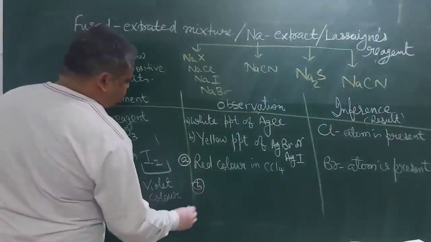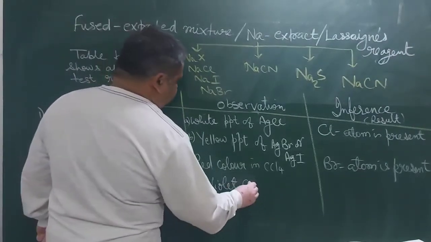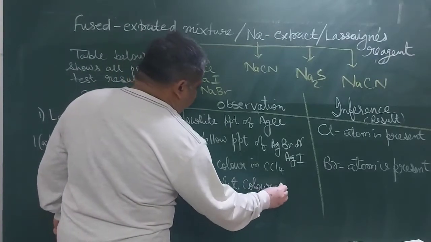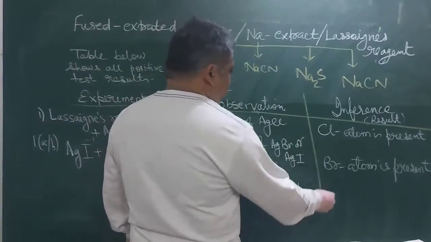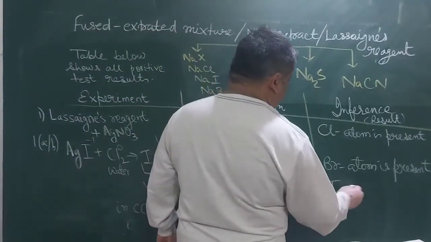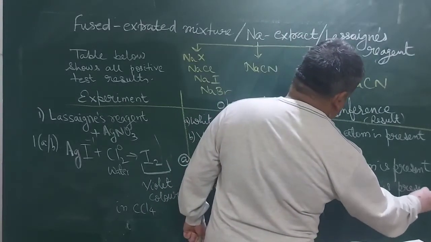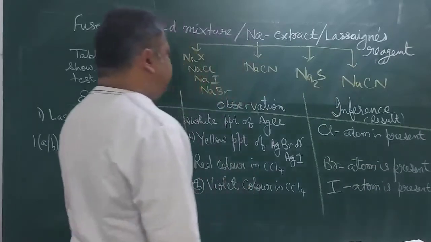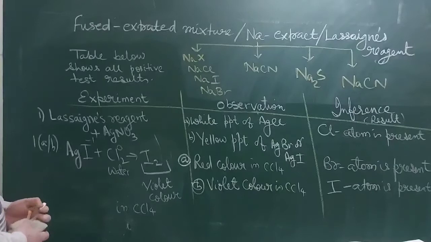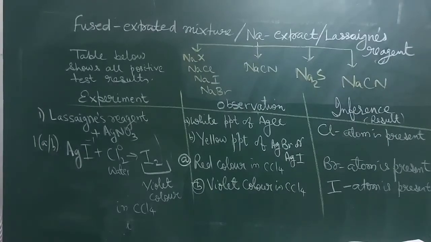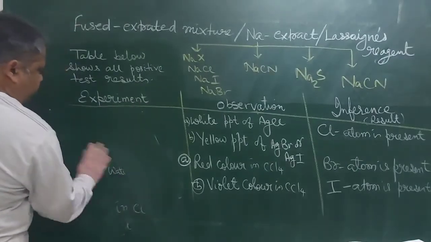Violet color in CCl4 infers that iodine atom is present. So in this way you can detect the presence of halogens. Alright. Now since halogens are 3-4 types, we had to do such long tests. The rest of the tests may not take such long space to write.